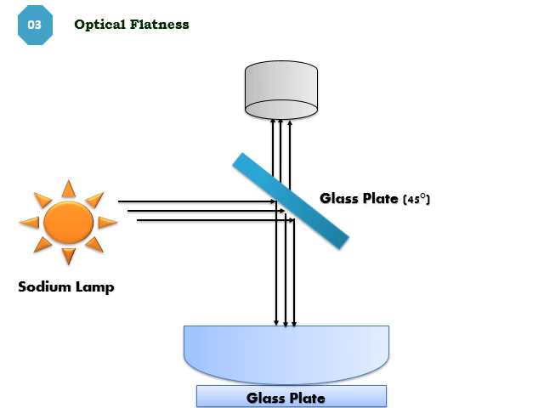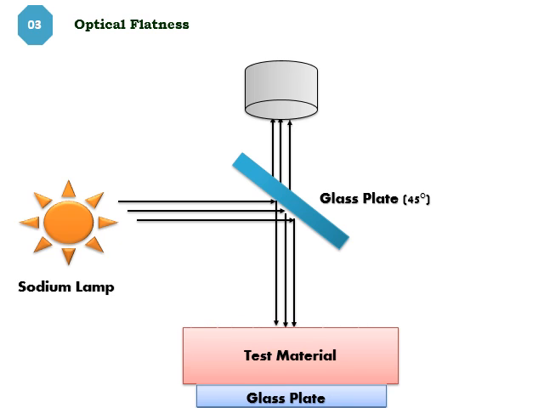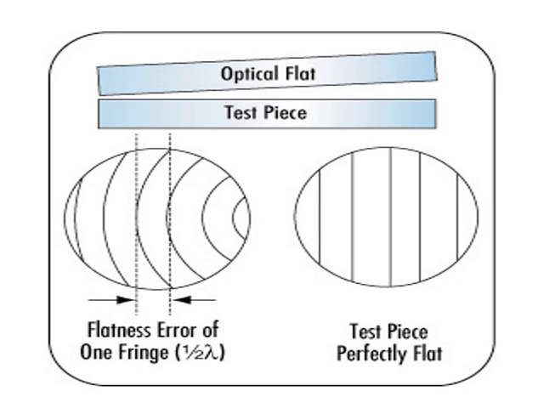For that we have to use the same experiment, just with little modifications. Whatever is the test material, that test material you are going to keep in place of the plano-convex lens. So on the glass plate there will be a test material. With this arrangement, if this material is optically flat, then you will get alternate bright and dark lines, as you can see over here.